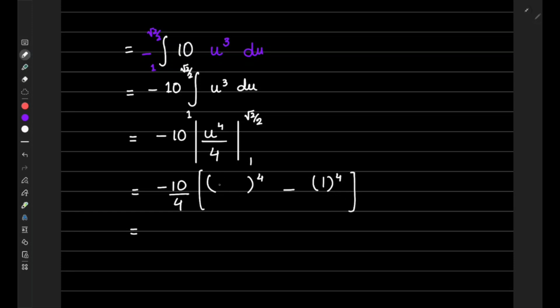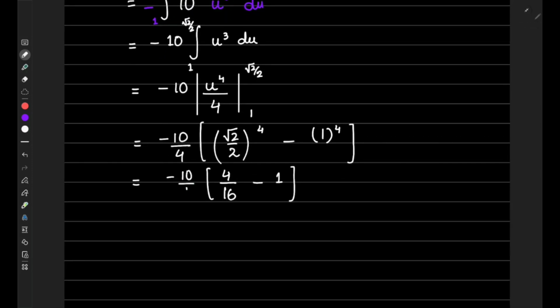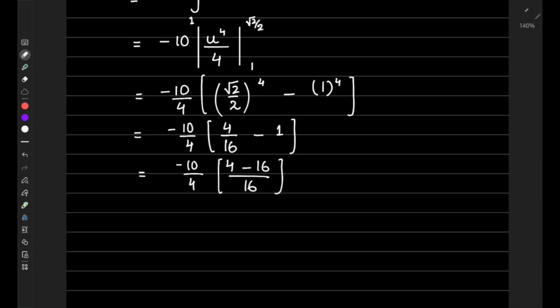We can write root 2 over 2 with the whole power 4 and then simplify. It will turn out to be 4 over 16 minus 1, and that will give you 4 minus 16 over 16. You can directly solve it with a calculator. I am just solving it manually, so that will turn out to be minus 12 over 16, times minus 10 over 4.